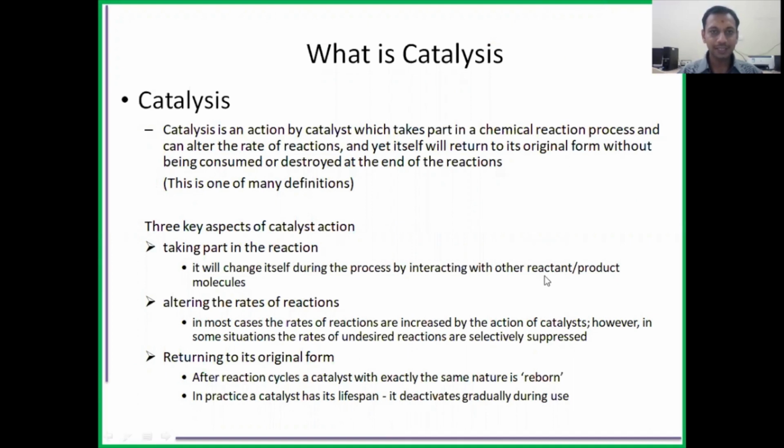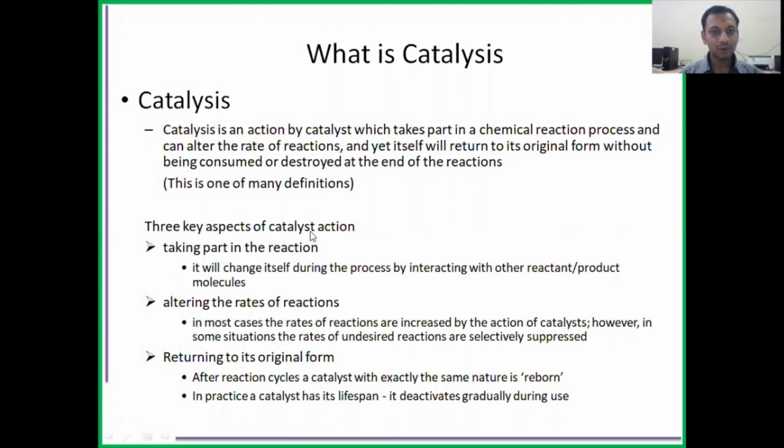Catalysis is an action by a catalyst, that is, any kind of material which takes part in a chemical reaction process and can alter the rate of reaction, and it will itself return to its original form without being consumed or destroyed at the end of the reaction. I already talked about that topic.